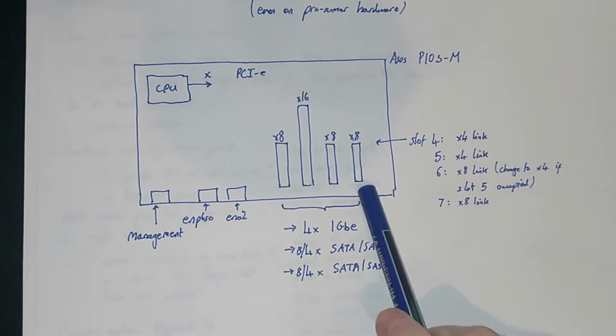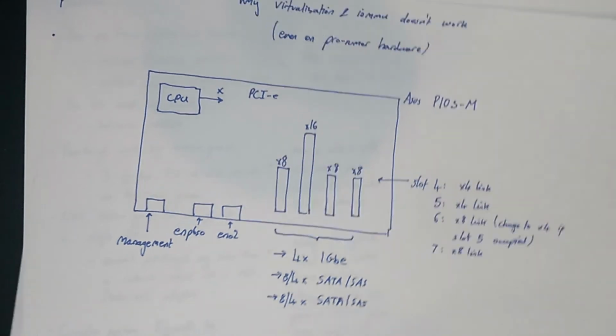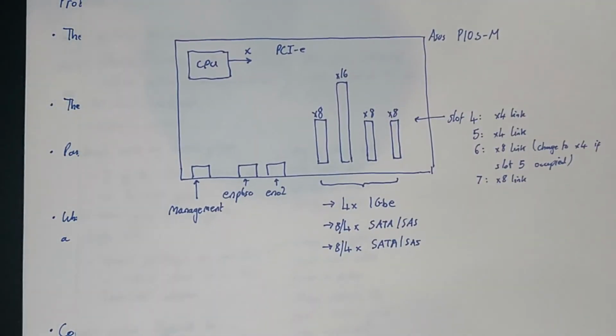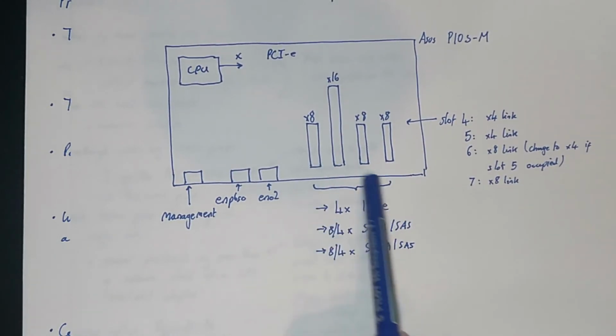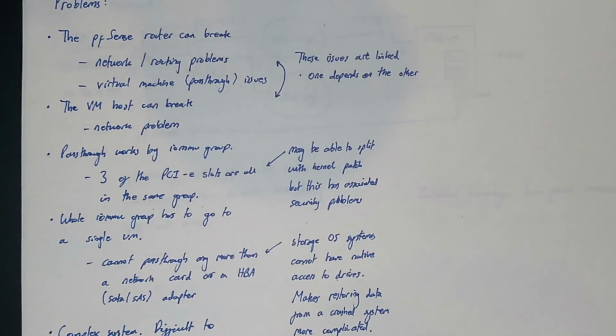From memory this one is separate, but because that's only a 4x link, that's not especially useful. The way I've got around that is to not pass through any of these, and to pass through the network card on this slot here. So that's the first issue.